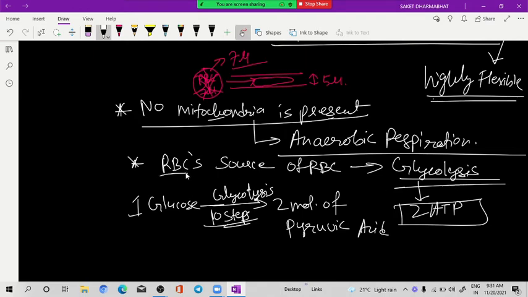So RBC contains all the enzymes. Each of these 10 steps is governed by one enzyme. That means 10 enzymes are required for glycolysis. So all enzymes of glycolysis are found in the RBC. Understood or not? Yes, sir.